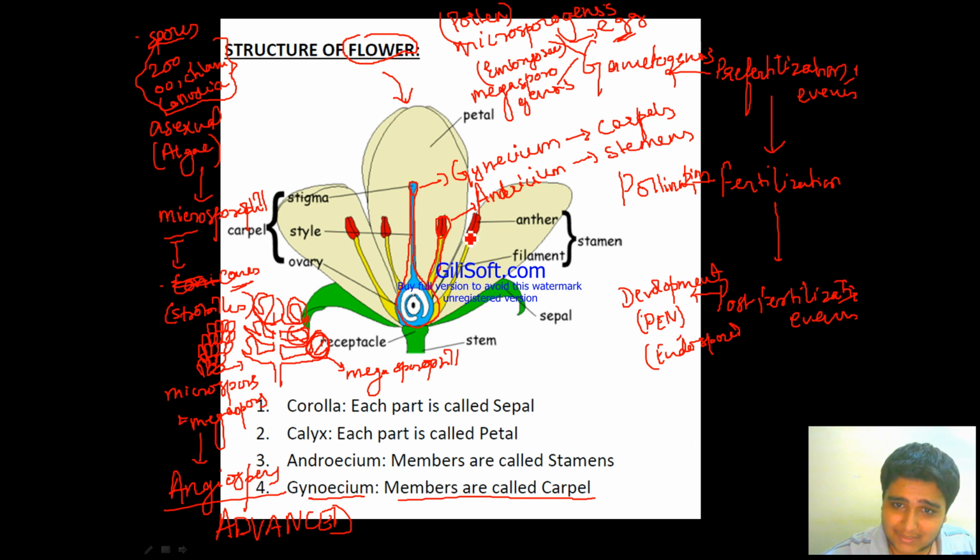You can see that there are actually 4 stamens over here. Right? 1, 2, 3, and 4. It can be a definite possibility. So that is why we say that androecium, the members are called stamens.